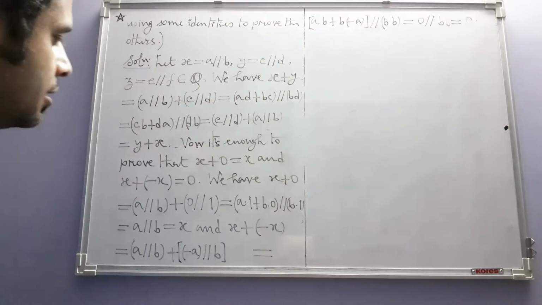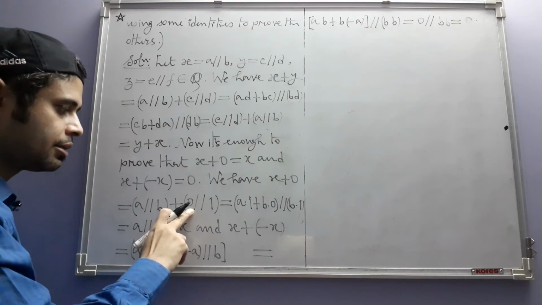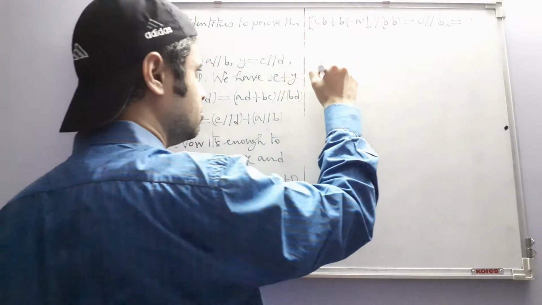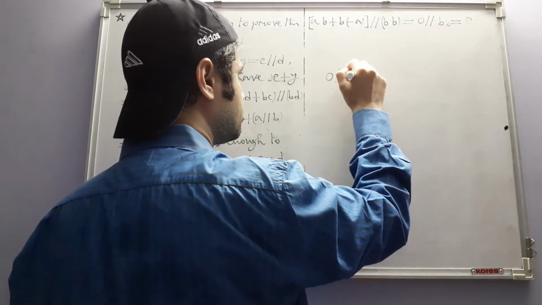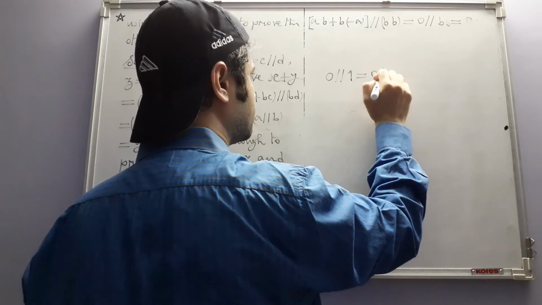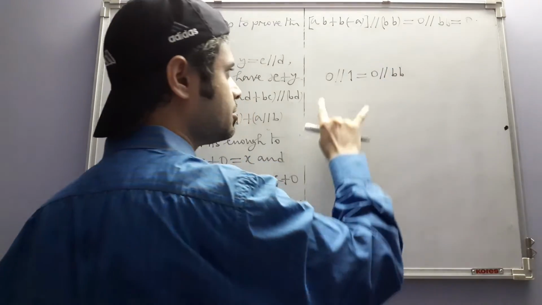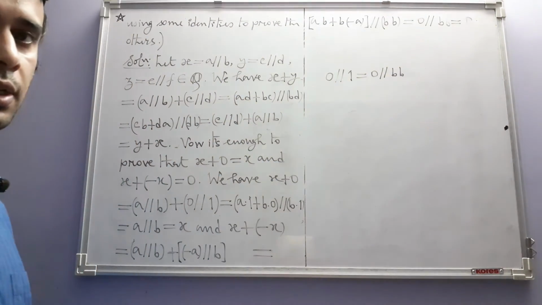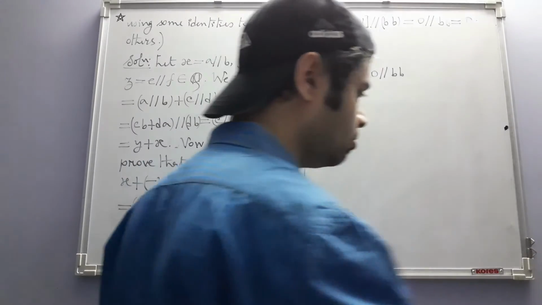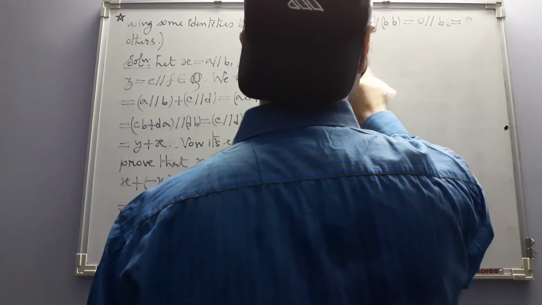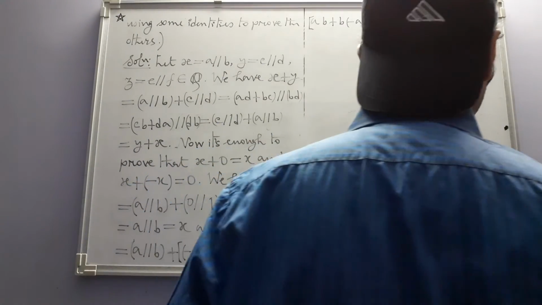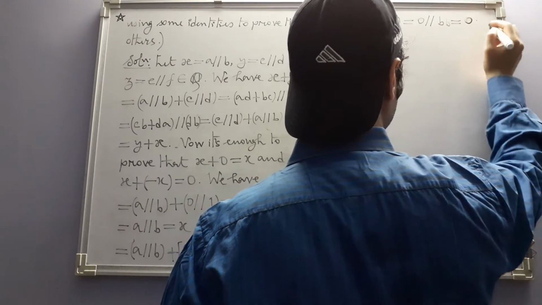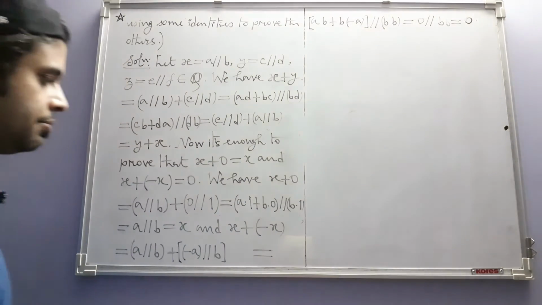If you are wondering how can 0 be simultaneously 0 by 1 and at the same time 0 by bb, you try to see that these two rational numbers are actually equal, because 0 times this one is equal to 1 times 0. So they are equal rational numbers, two different representations of the same rational number. So this is equal to 0. So we are really getting x plus minus x equal to 0.